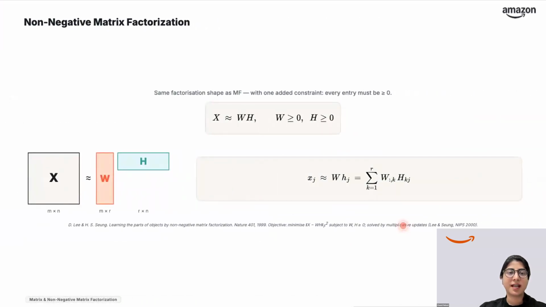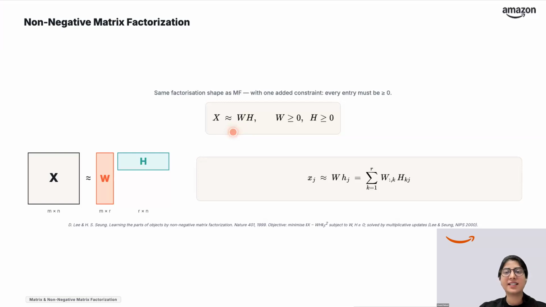Now one thing is that in actual matrix factorization, PCA, SVD, we don't have any assumption on the entries of the matrix. But if we add a constraint that these entries must be non-negative, then this is non-negative matrix factorization.